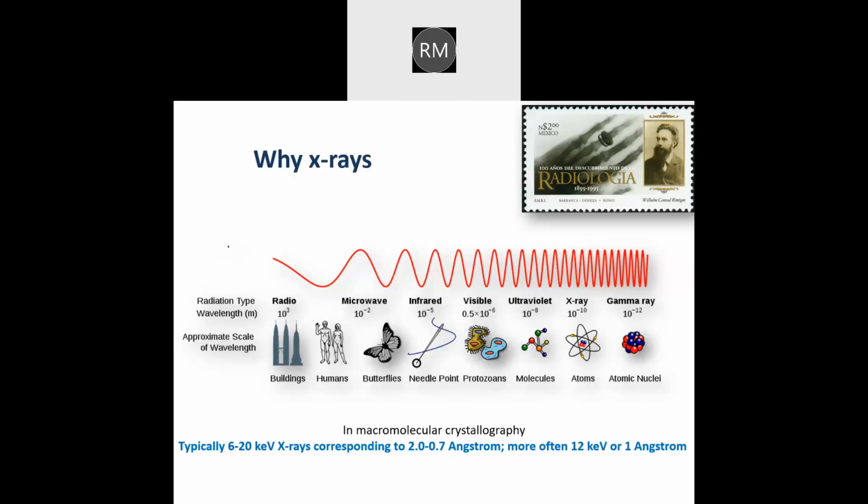And then after that, the Braggs started investigating and found the structures of very small molecules, how NaCl is arranged in salt, and then different structural studies of inorganic and then organic molecules were done using X-rays.